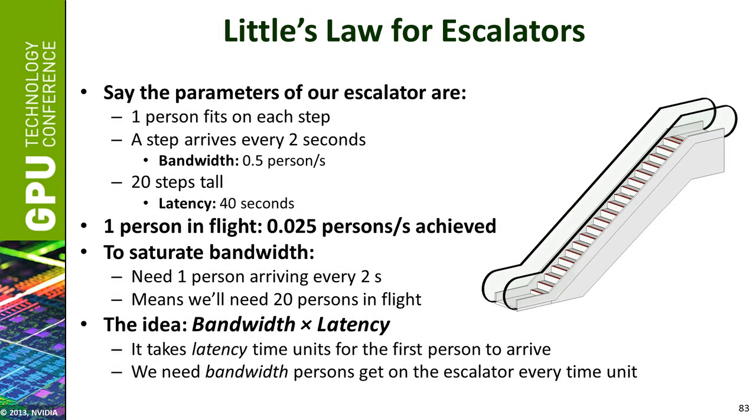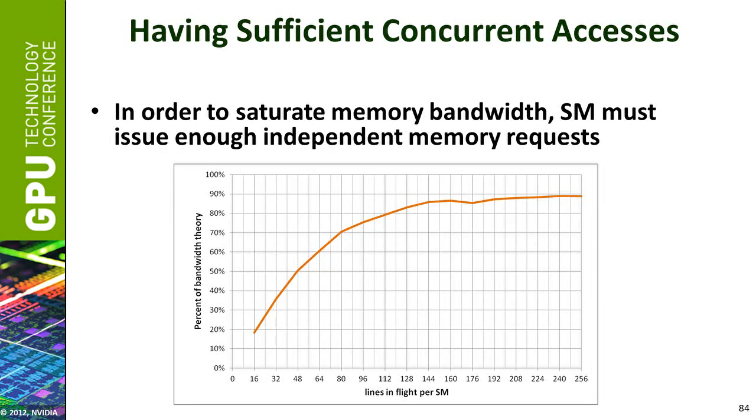If we convert it to GPUs, here we look at the lines in flight per SM. Again, a line is 128 bytes. On the y-axis is the percentage of the theoretical memory bandwidth that the GPU has. On the x-axis in this experiment, I varied how many lines were traveling on the memory bus from this SM at any given point.